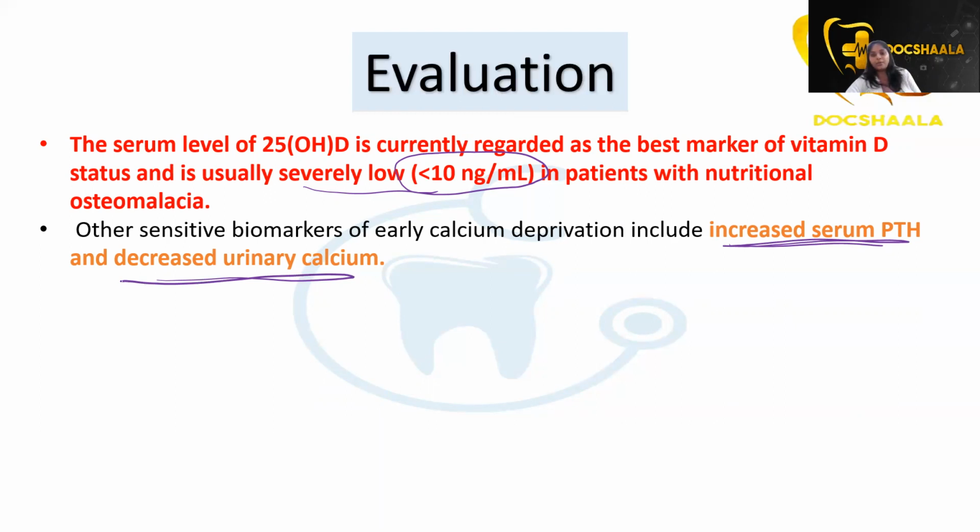So 25 OHD indicates vitamin D levels. If it is less than 10, then it is considered as nutritional osteomalacia.